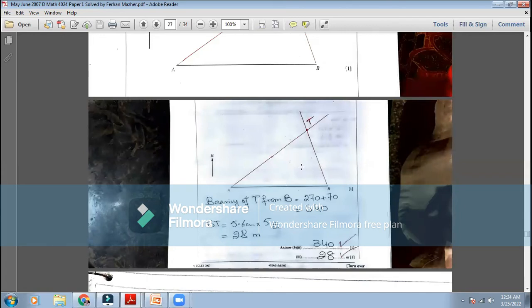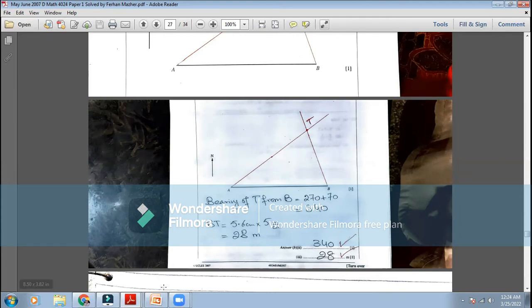So the bearing of T from B will be 270 up till here, and further 70. So 270 plus 70 will be 340. The bearing of T from B will be 340.